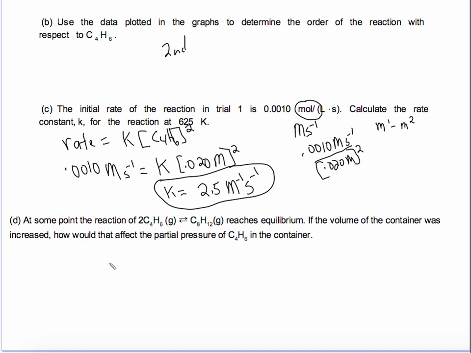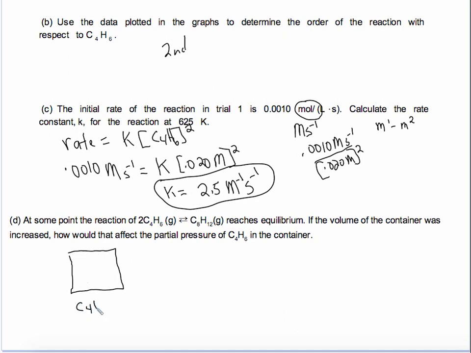Okay, now at some point, and this is where I kind of made up this problem here, this reaches equilibrium. This problem is not part of the 2016 test or whatever, but I just made it up, and it's just to give you a little practice with Le Chatelier's principle. So when you're dealing with pressure and things like that with Le Chatelier's principle, I like to think about drawing a particle diagram.